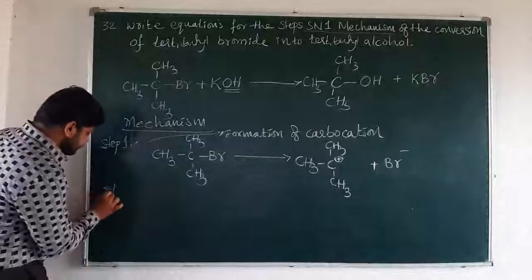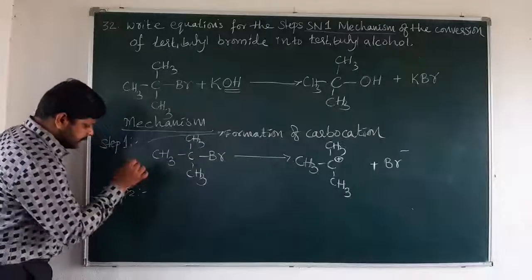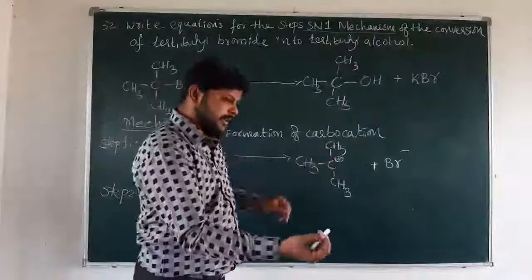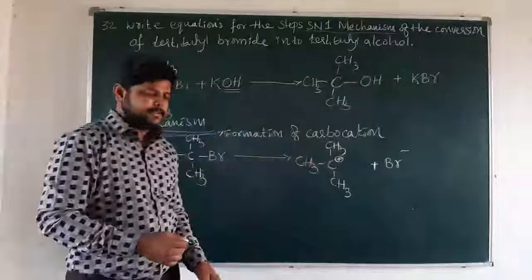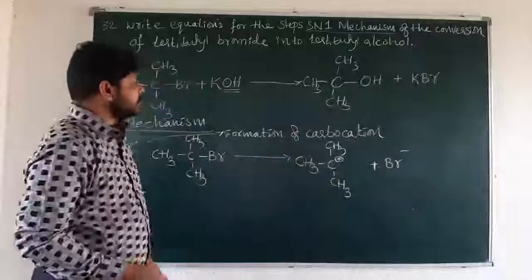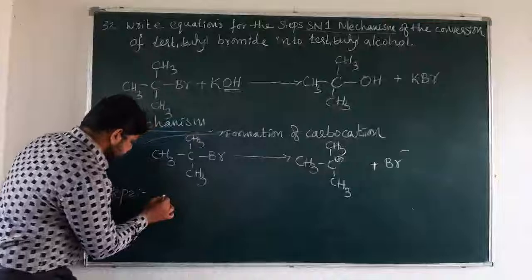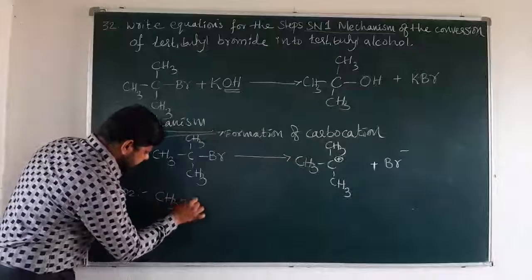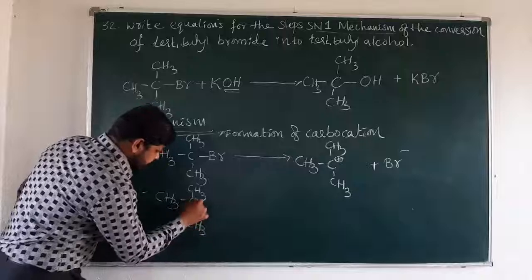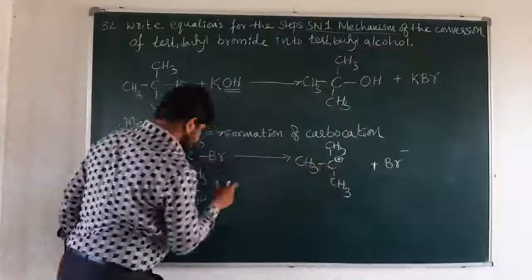In the next step, step 2, we will name the reaction for step 2. For this carbocation, the nucleophile attacks. So the nucleophile is OH minus. So I will write the carbocation CH3, C, CH3, CH3. This is the positive charge. Same we have to write here.